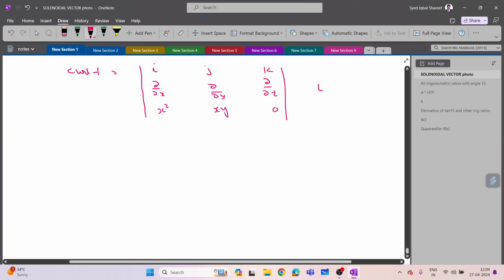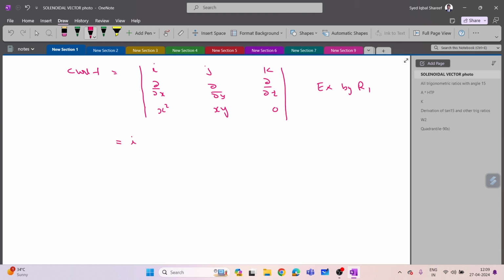Now expanding by row 1, this is 0 minus 0, minus j of 0 minus 0, k of y minus 0. Only yk. Curl f is equal to only yk.